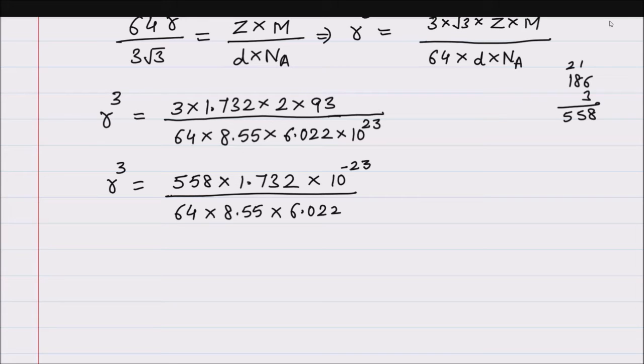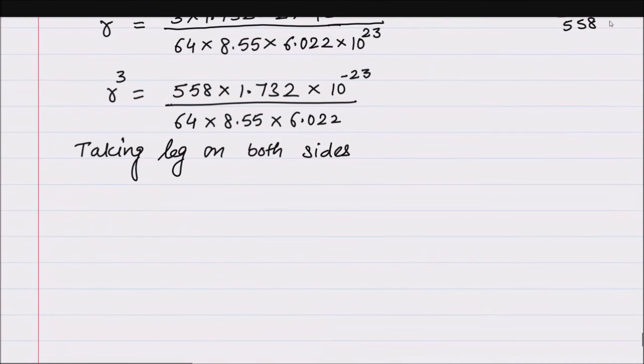Now taking log on both sides. See, it is difficult to calculate, so we use log table. When we use log table, taking log on both sides, it is log R cube.